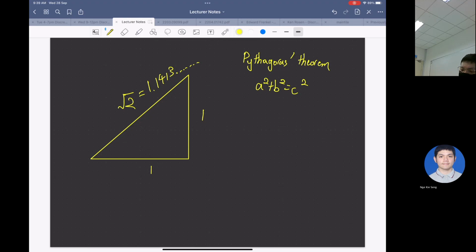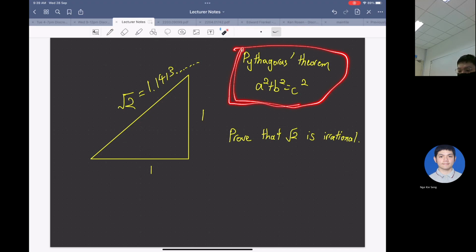But in fact, there was one person in that area who showed that square root 2 is actually irrational, which means you cannot express it as the ratio of two integers.